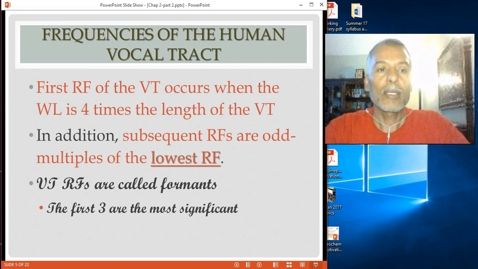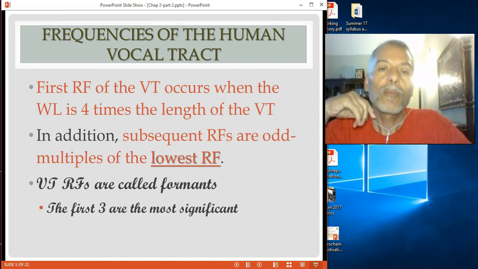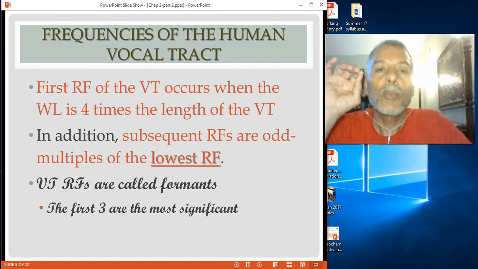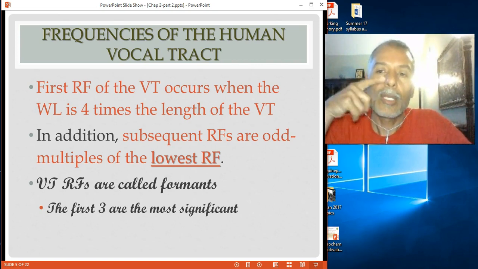So the first resonant frequency of the vocal tract occurs when the vocal folds make a sound, say schwa, or any other sound. The vocal tract is going to only respond when that sound wave starts to come close to the vibration rate of the vocal tract.